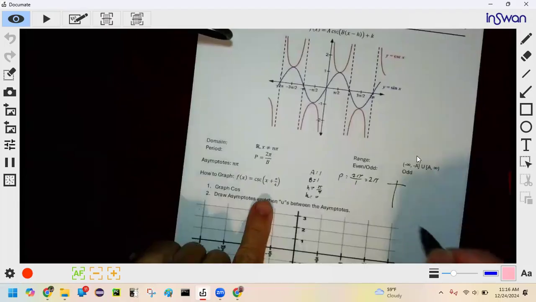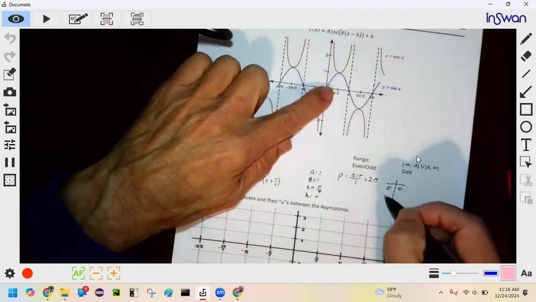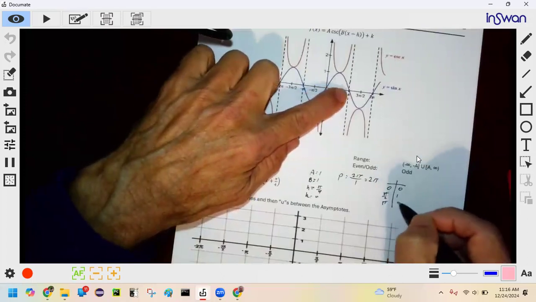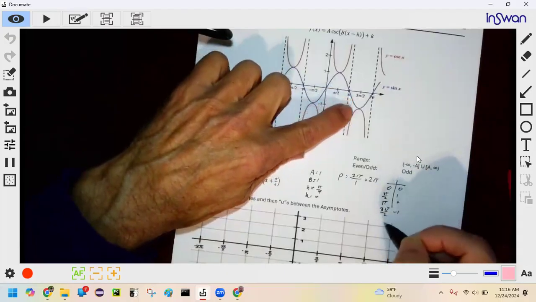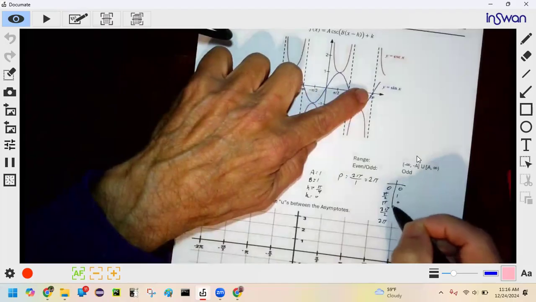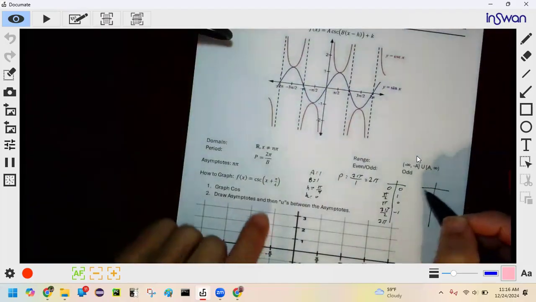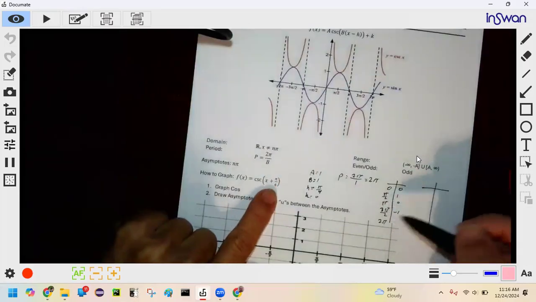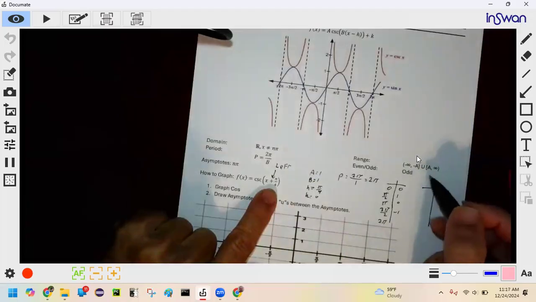So sine is given by 0, 0, pi over 2, 1, pi, 0, 3 pi over 2, negative 1, 2 pi, 0. So our new graph, our transformed graph, these are all just moving left pi over 4 units. It's always the opposite side. Moving left pi over 4 units.